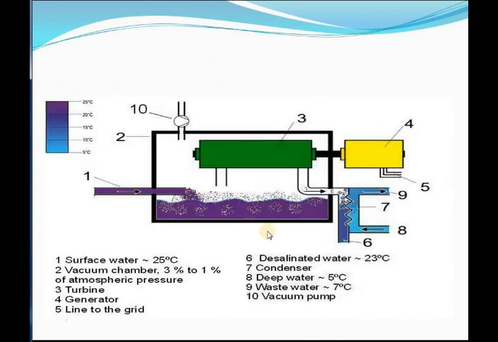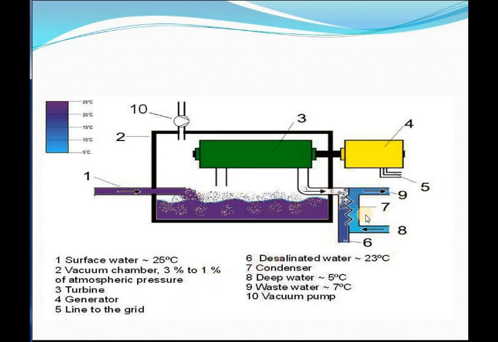Now if we see in the figure, the surface water temperature is 25 degrees Celsius and the desalinated water temperature will be 23 degrees Celsius. The different parts of this Claude cycle power plant are shown in the figure. The second one is the vacuum chamber, the third is the turbine, which runs and converts energy, the fourth is the generator, and the fifth is the line to grid, where the generator produces electricity that is utilized by the grid.